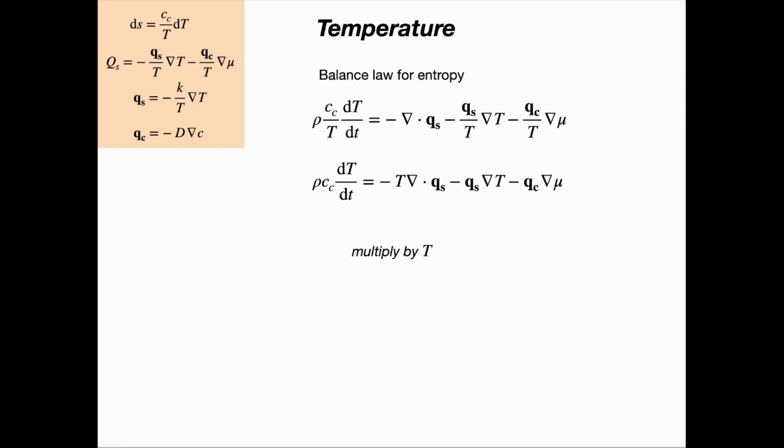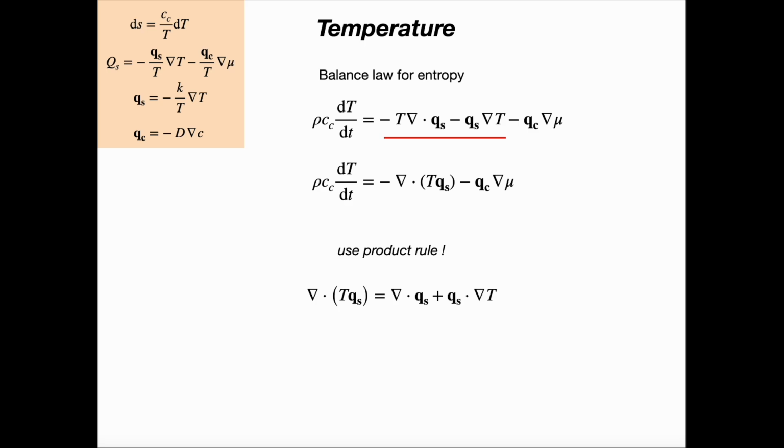Then we will multiply everything by T. Why do we do that? Because you see in this equation we have division by T, division by T, and division by T. It's going to look better if we multiply everything by T. So the division by T disappears from here and there, and a multiplication by T appears in front of the divergence of Qs.